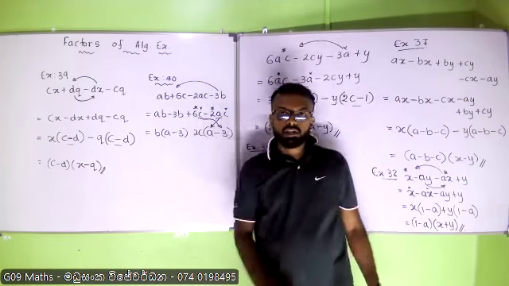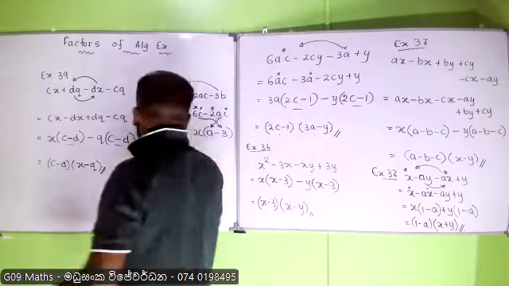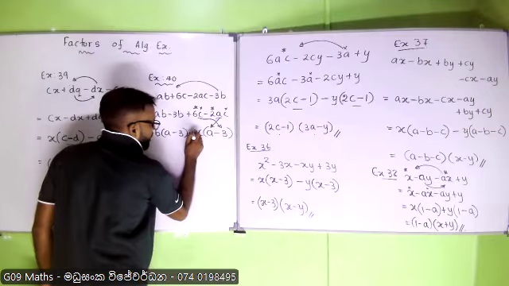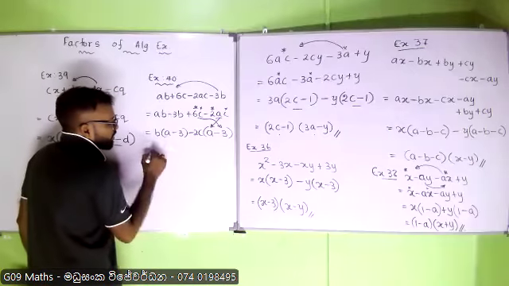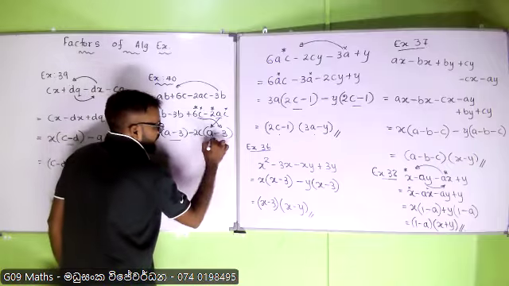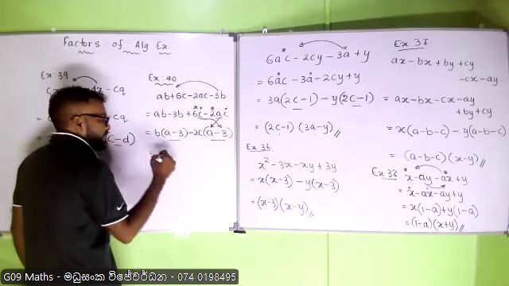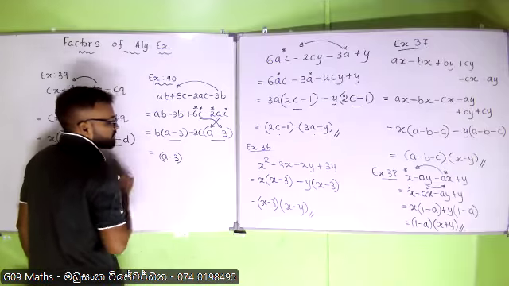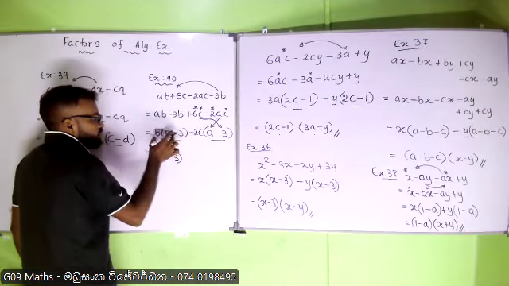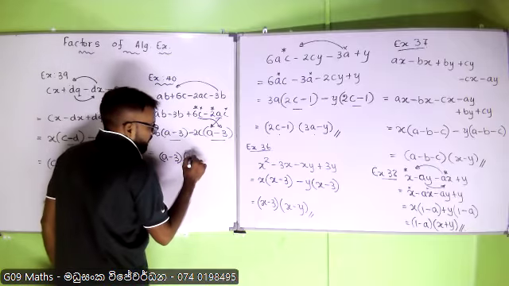Positive becomes negative, so you need to take the negative sign now, and negative 2C. So A minus 3 is common. Take it out from the bracket, and write the rest, B minus 2C.